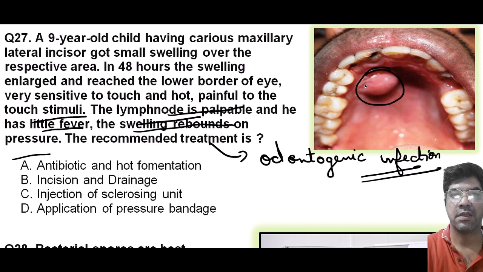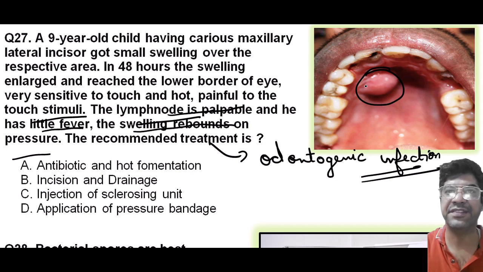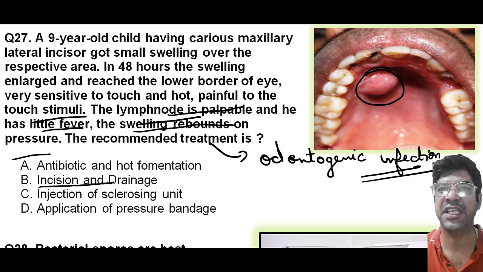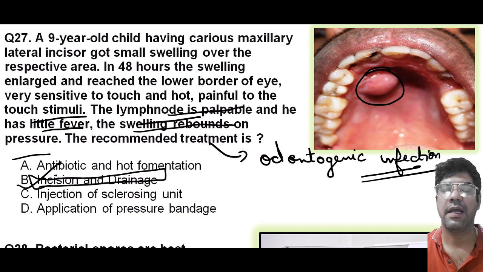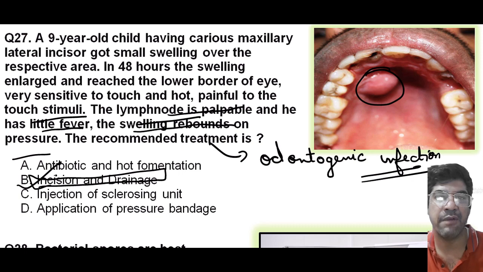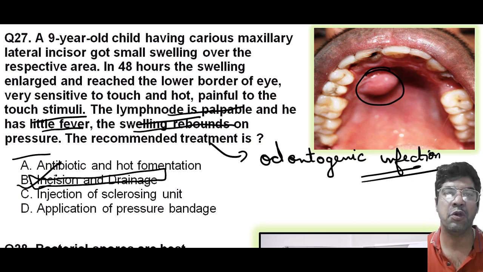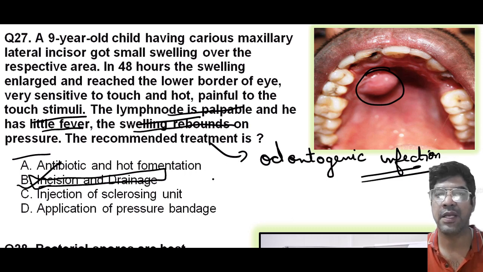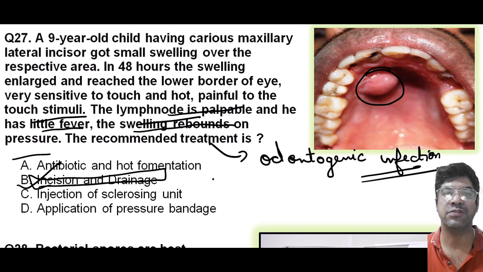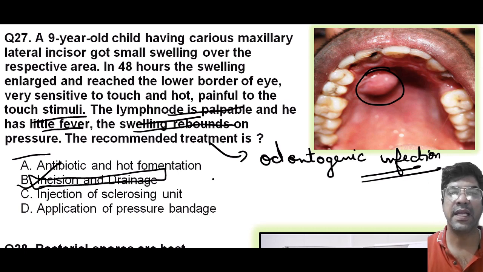So the primary treatment for an abscess is incision and drainage. Remember this from the exam point of view. This procedure involves making an incision into the abscess to allow the pus and infectious material to drain out. Antibiotics and hot fomentation may not be sufficient, because the pus needs to be physically removed to promote healing and resolution of the infection.